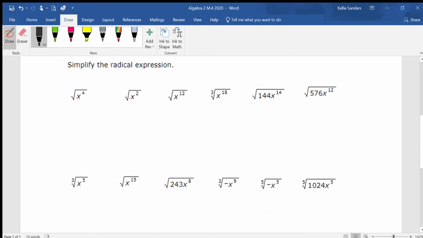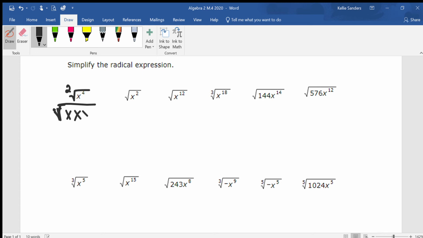Okay, so on this we have, if it's just this right here, it's square root. If it's square root, then it's understood to be 2. So we are looking for 2 of a kind. And how many 2 of a kinds do we have whenever we have x to the 4th?